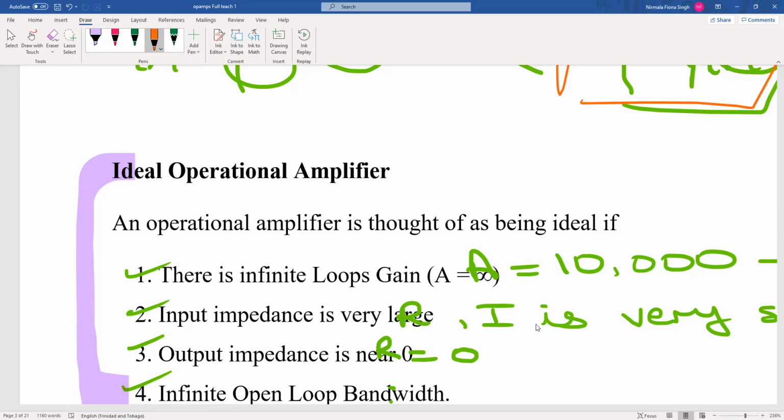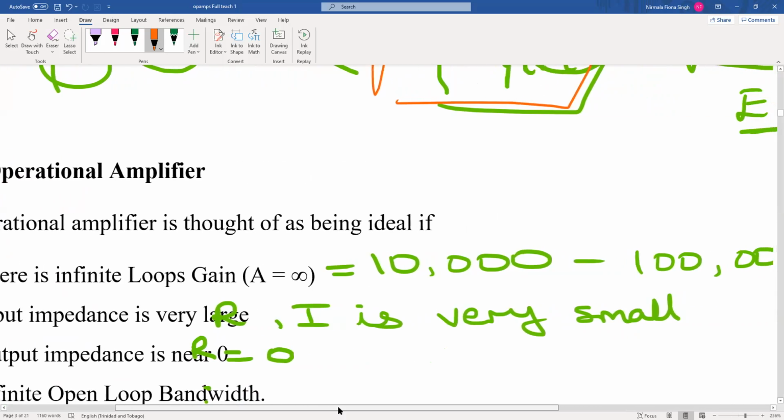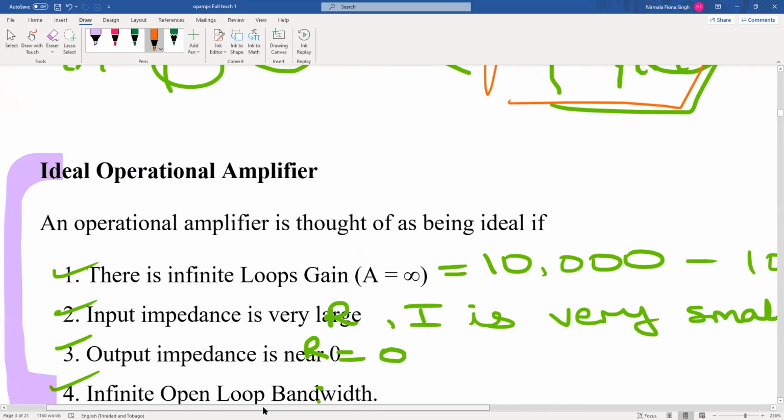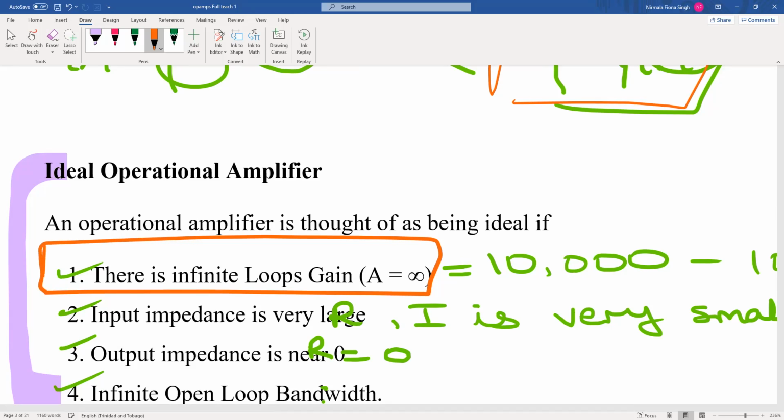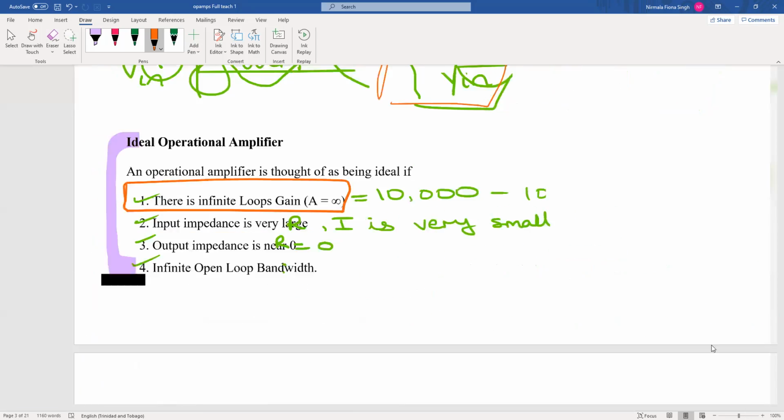If your gain is infinite, then we have an ideal amplifier. It doesn't actually work that way, since there's no way we can have an infinite increase in our signal. Usually it's between 10,000 and 100,000, but for an operational amplifier we have an ideal amplifier if the gain is thought to be infinite.